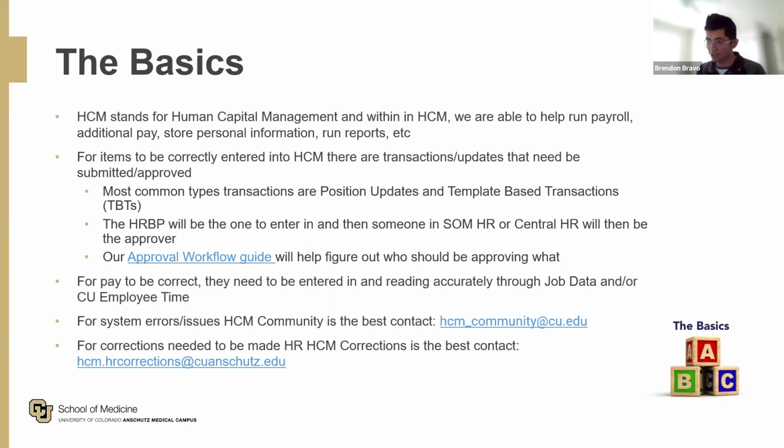If there are system or error issues, the HCM community is the best contact, and that's their email there. For corrections needed through HR HCM corrections, there's that email there as well. And if you ever aren't sure who to contact, myself or Alicia can help guide you to the best contact.